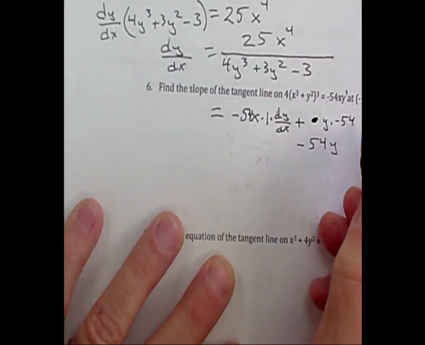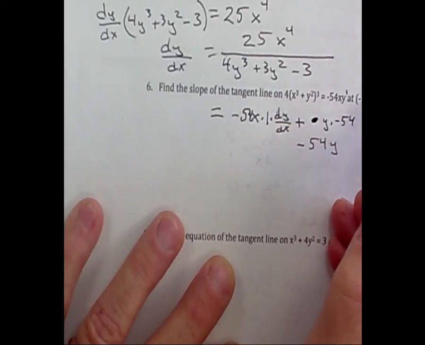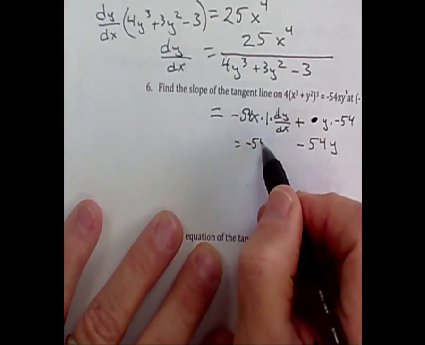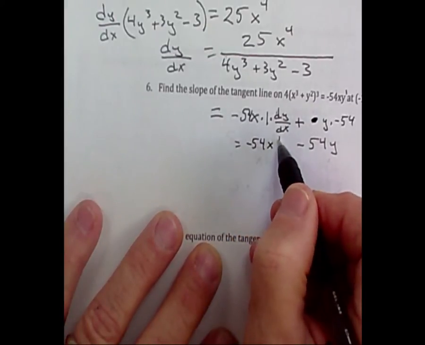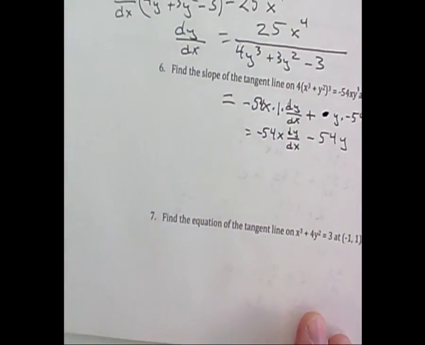And for the people that want to, you could write dx over dx. If that helps you remember to do dy over dx, do that. And over here I'm going to have a negative 54x dy over dx. So the right side looks like that.